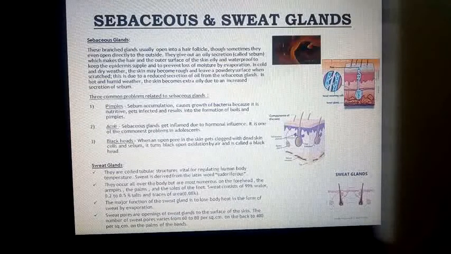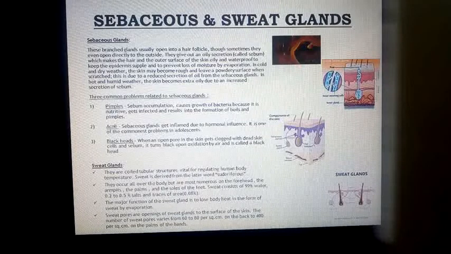They occur all over the body, but are most numerous on the forehead, the armpits, the palms, and the soles of the feet. Sweat consists of 99% water, 0.2 to 0.5% salts, and traces of urea, that is 0.08%. The major function of the sweat glands is to lose body heat in the form of sweat by evaporation.